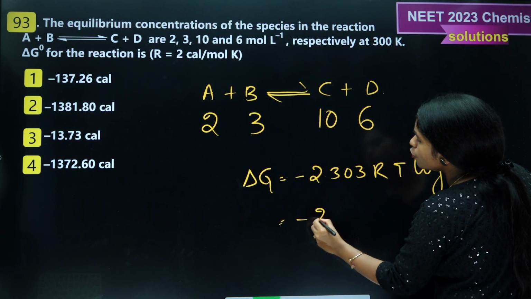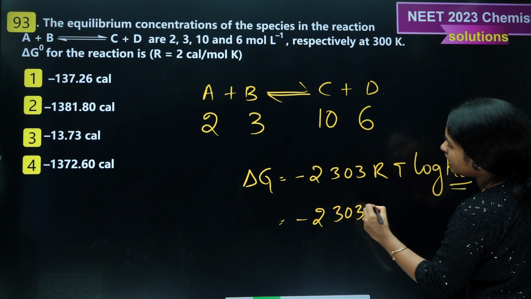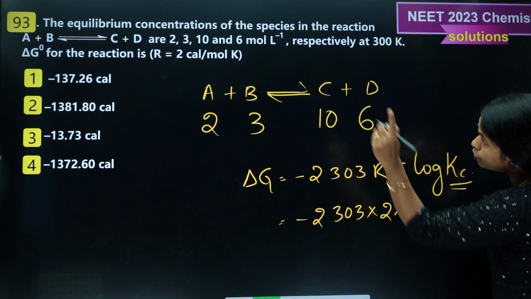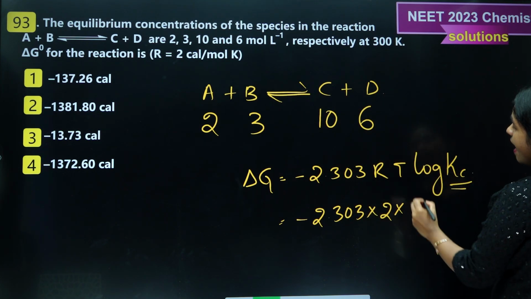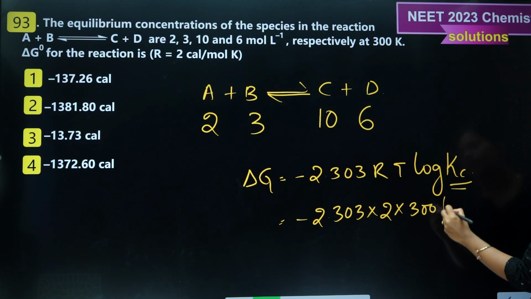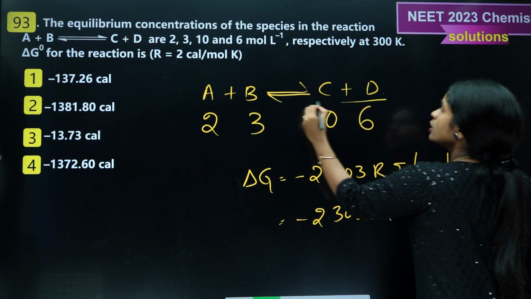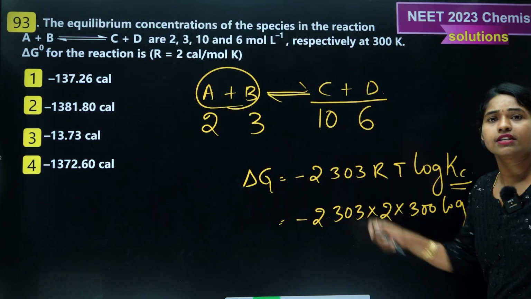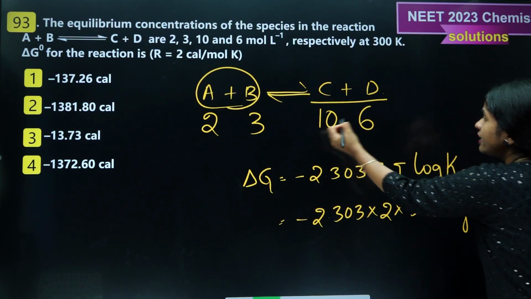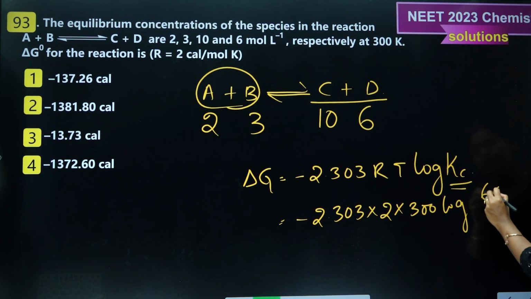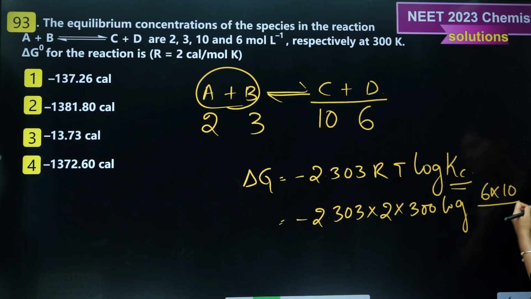So minus 2.303 into R, the value given is 2 in calories, temperature is 300 Kelvin, log of products concentration by reactants concentration is the formula. So product concentration is 6 into 10, reactants concentration is 2 into 3. So 2 3s are 6, 6 cancels, log 10 is 1.